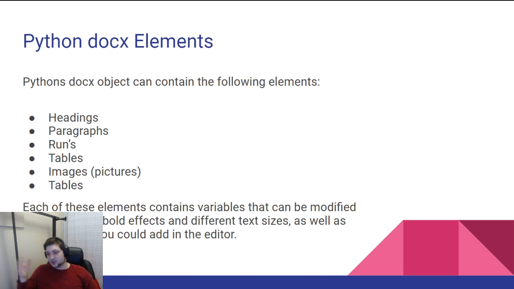We just use functions like add run, add paragraph, add table, things like that. So all these elements that I have listed right here can be added through functions, or methods, excuse me, that are used on top of this document. And all of those documents have properties like italic, bold. You've got image sources, things like that.